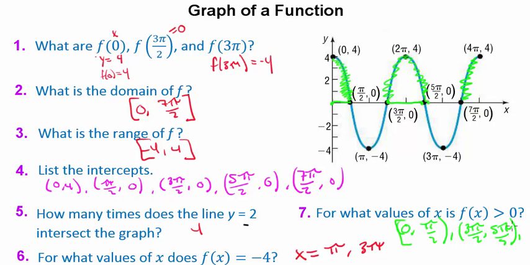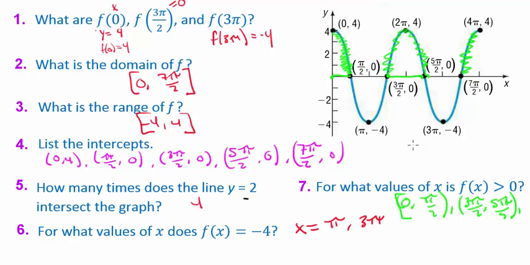Comma, and we have one more interval. Scroll down just a little bit to give us a little more room. It's going to go from 7 pi over 2, not including 7 pi over 2, to 4 pi.